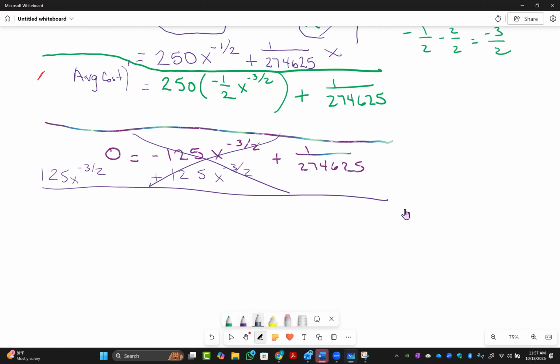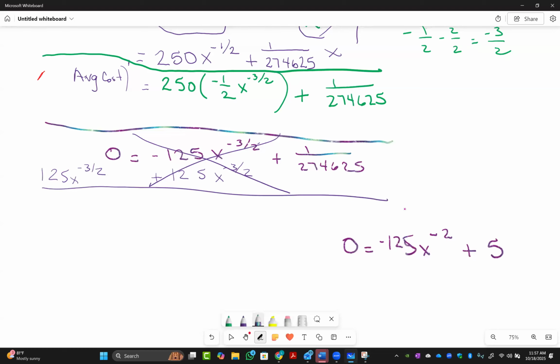Let me try this. If I have 0 equals negative 125 x to the negative 2 plus 5, how would I solve this? How would you solve it if I didn't say anything? Well, I would try to take out 125, because I like positive as well.